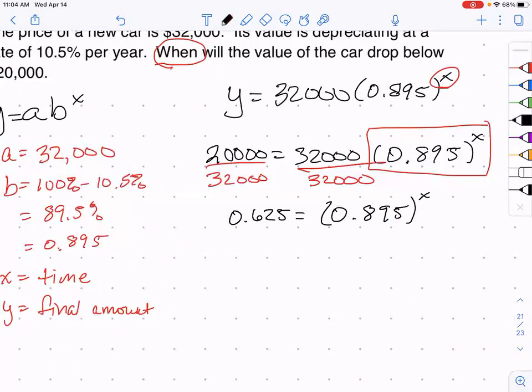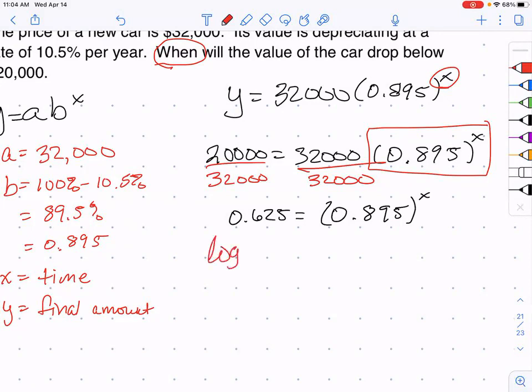So we've got an exponential. It's backwards from the equations that I did in the examples. The exponential part is on the other side, but it's the same idea. What do we do to solve that? Base of 0.895. Yeah, we're going to do the log with the base that's already in the equation.